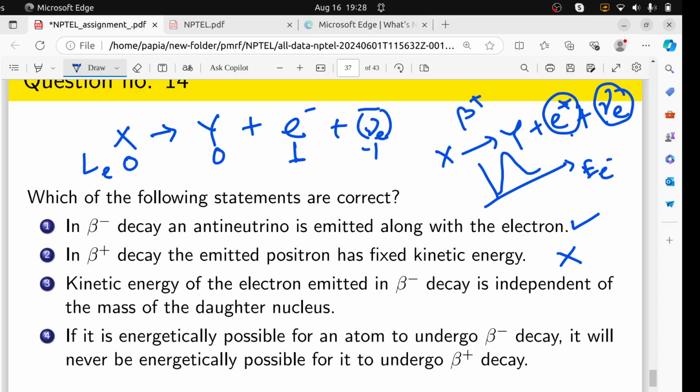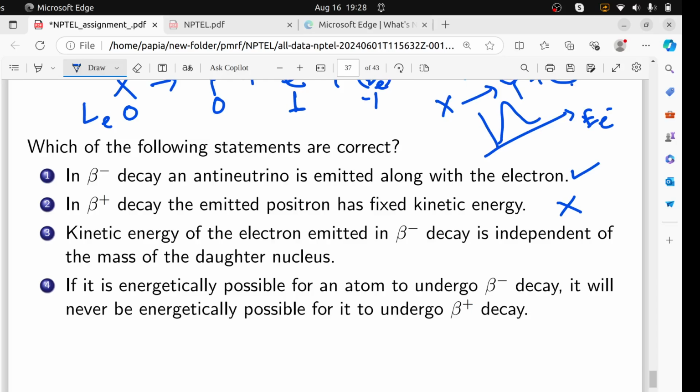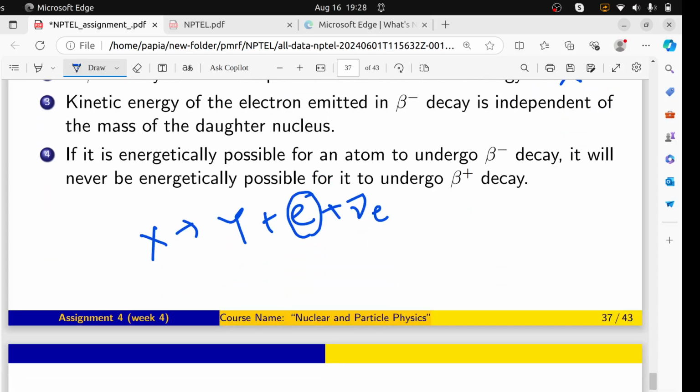Kinetic energy of the electron emitted in beta minus decay is independent of the mass of the daughter nucleus. Okay, so beta minus decay is this one. Is the kinetic energy of this particle independent of the mass of the daughter nucleus? No, it is not correct, because the total energy should be conserved. Total energy of X should be equal to total energy of these particles.